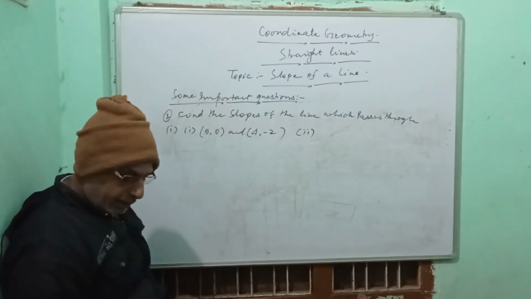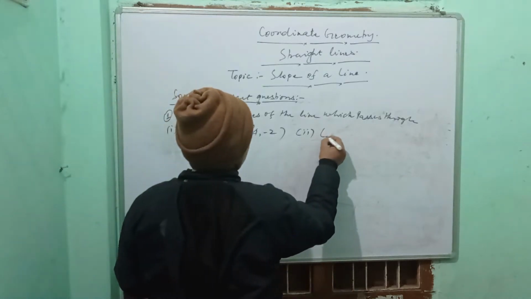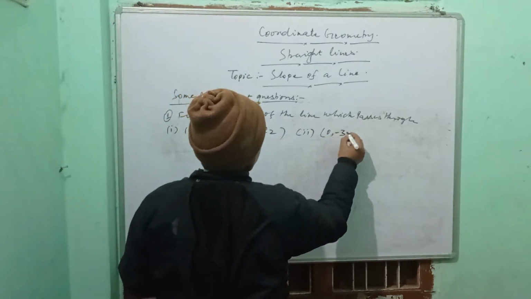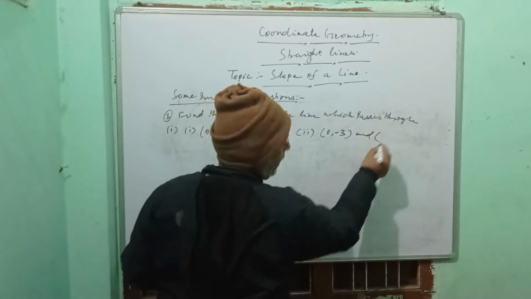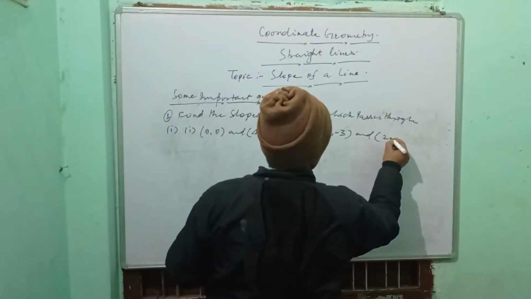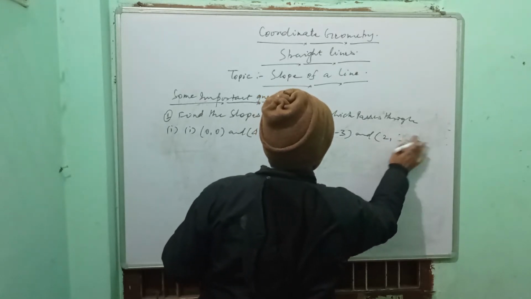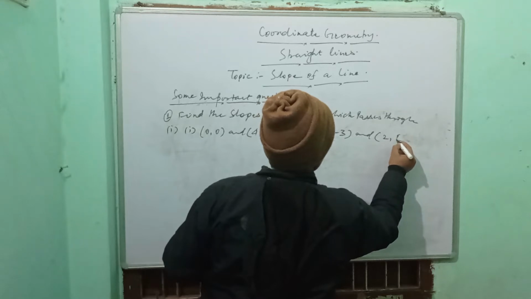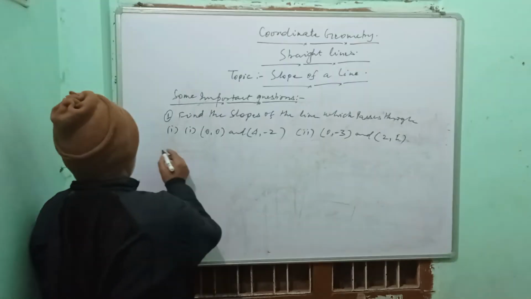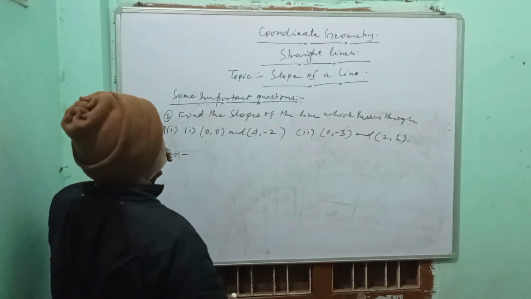The second question, the points are 0, -3 and 2, 1. Now we solve these questions.